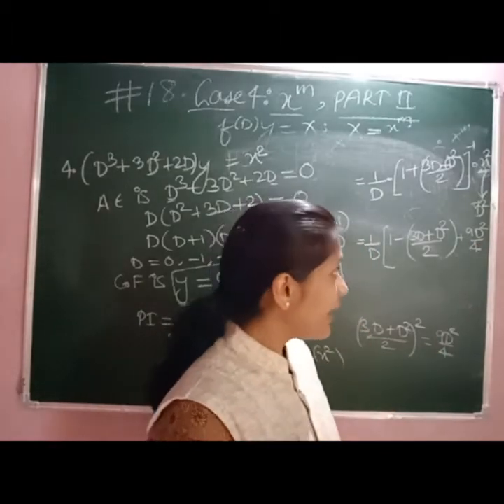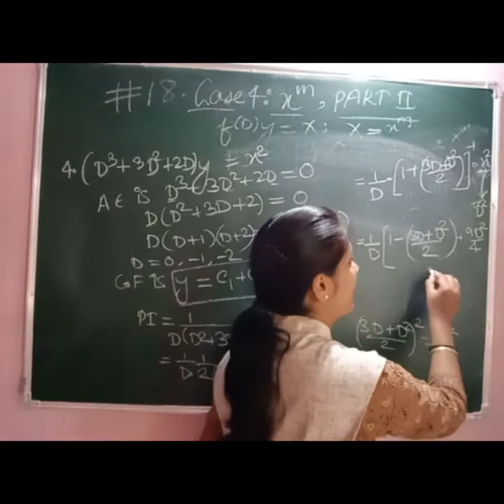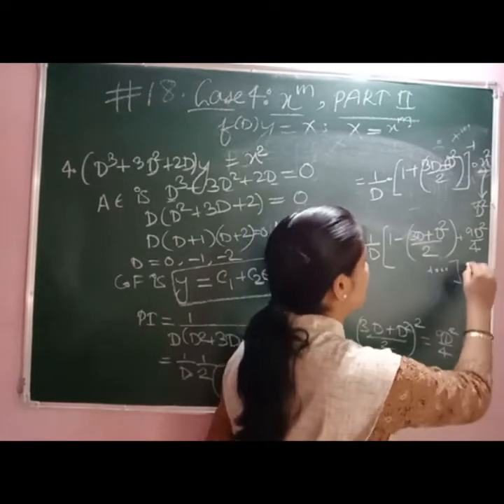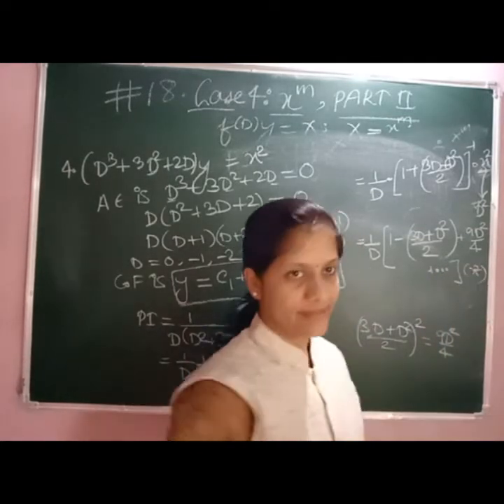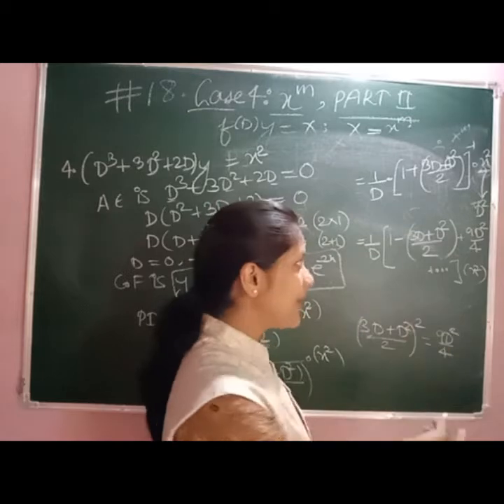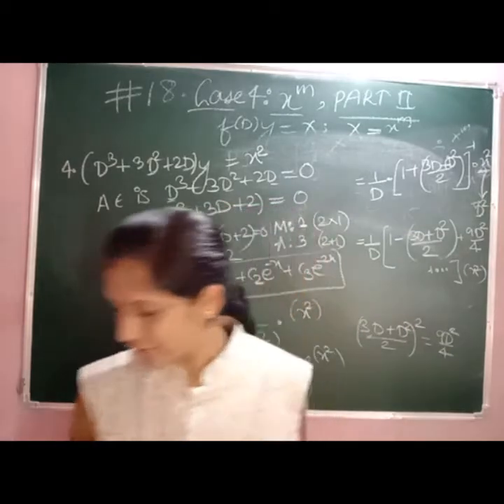Right? Again, values are there, but that is going to give 0. So just write 9d square by 4. Now simple calculation is there. Let us solve for this.